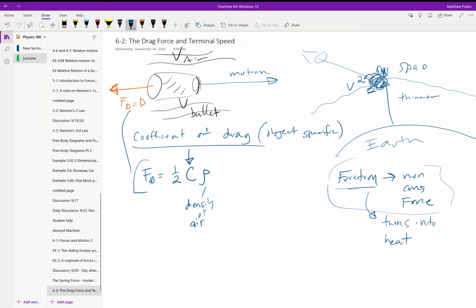We have more moisture in the air, and therefore the air is more dense. And we multiply that by the cross-sectional area of the object that is going through the air, or fluid, doesn't have to be air. And then it's all multiplied by the speed squared.